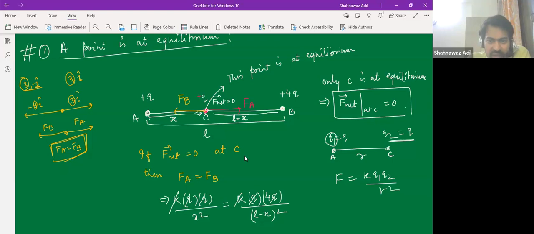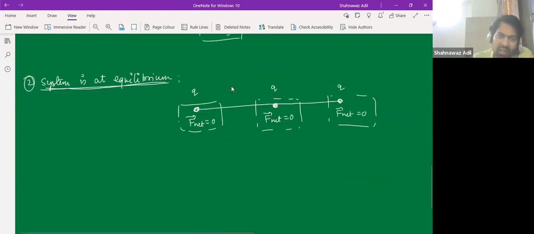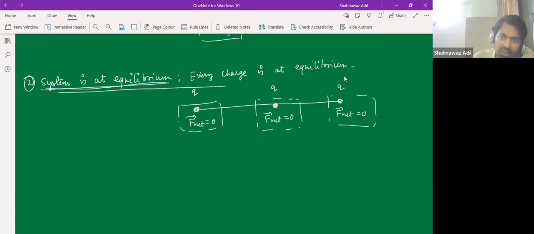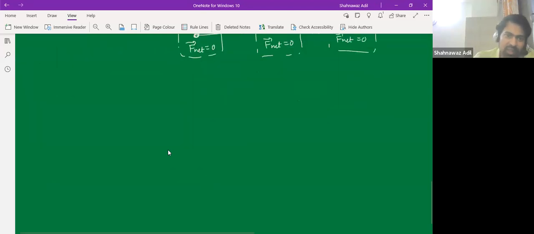But when the system is at equilibrium, every charge is at equilibrium. So this is what we mean by system is at equilibrium. So let us try to do one question, and then this would be easy.